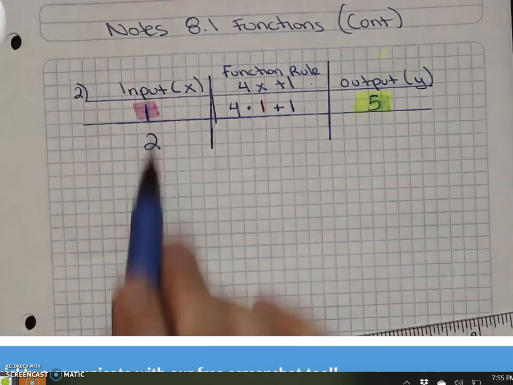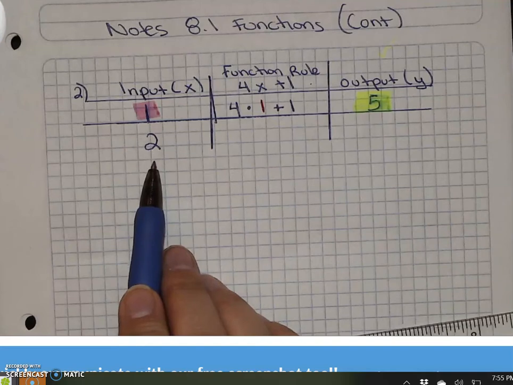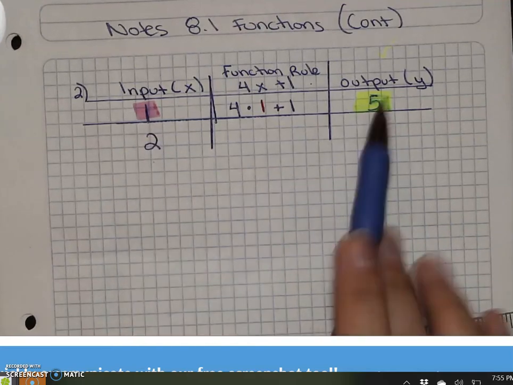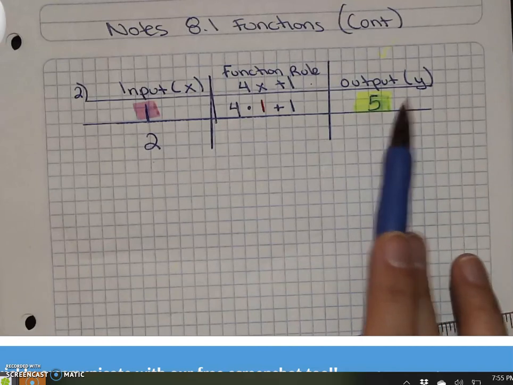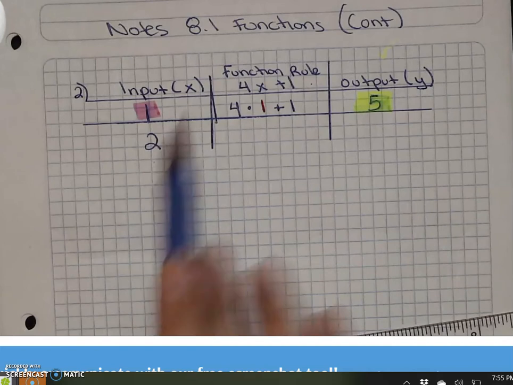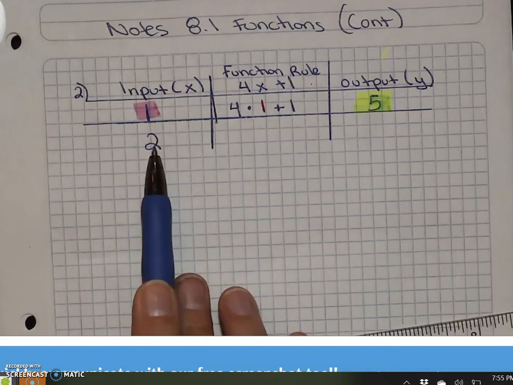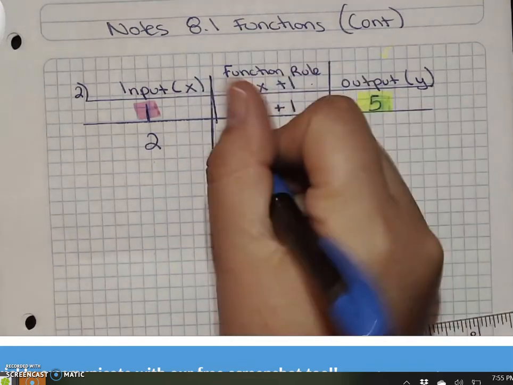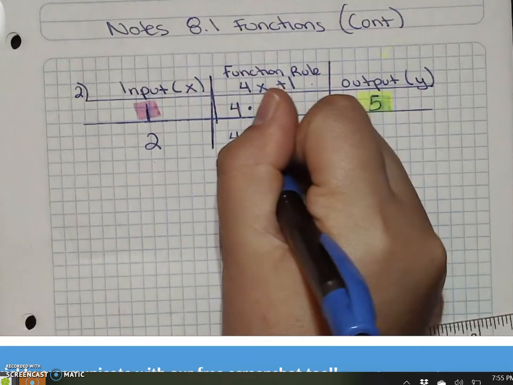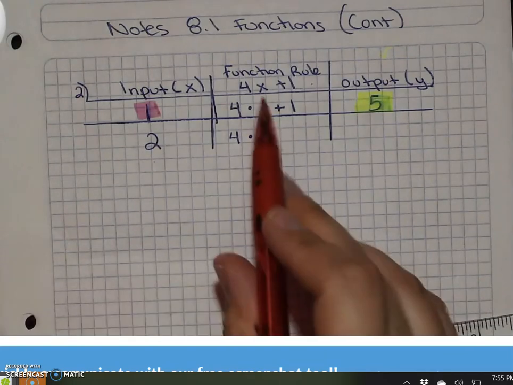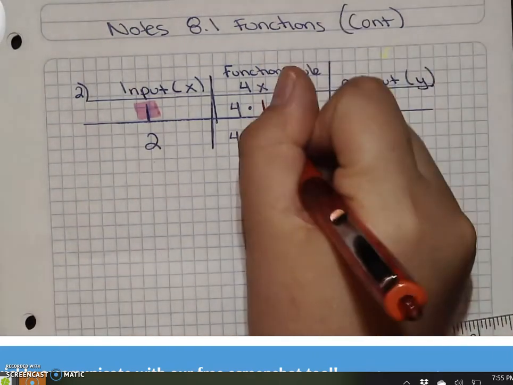Now, if you're given this information, you could always put whatever number you want x to be, but y depends on whatever x is. Since you know x is 2 for this one, you're going to put everything in your function table. So you have 4 times, and what do we need to do with this x right here? That's going to be 2. So I'm going to put 2 right here.